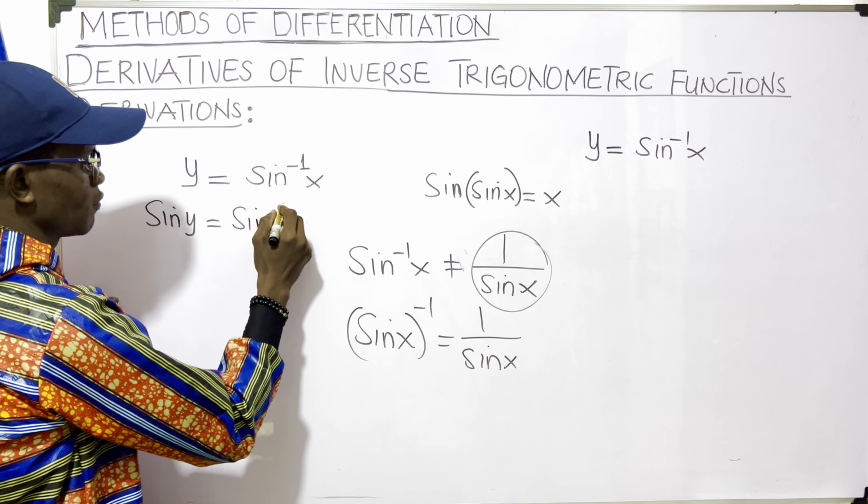Similarly, sine inverse of sine of x is also equal to x. So we take sine on both sides.